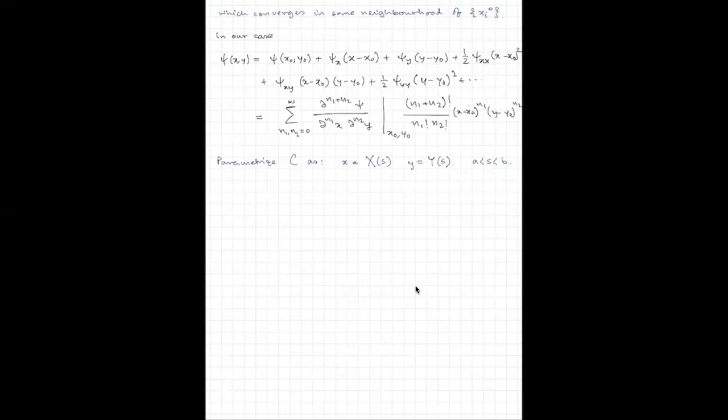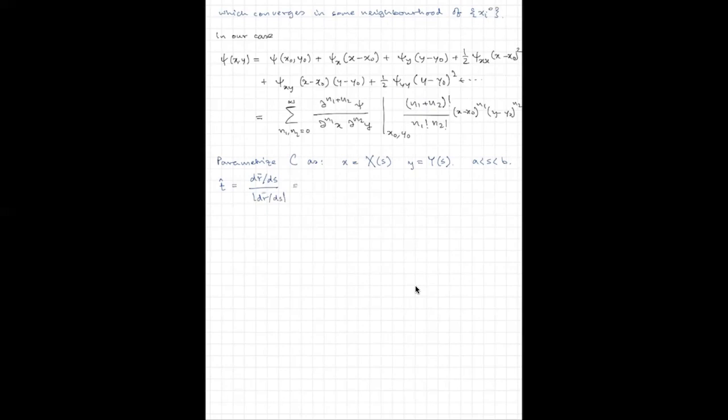Then the unit tangent and the unit normal at an arbitrary point s naught are going to be given as follows. T cap is the unit tangent, that is dr by ds by modulus of dr by ds.